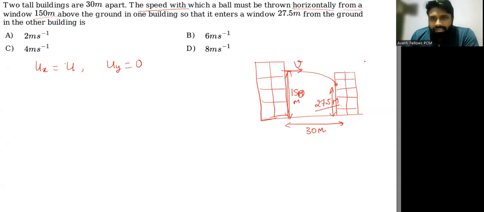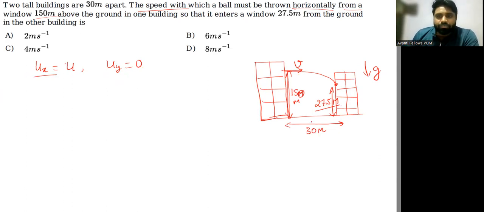But there is a gravitational acceleration in the downward direction. So after some time there must be a vertical velocity, and that is why it is going down. But the horizontal velocity will remain constant because there is no acceleration in the horizontal direction.